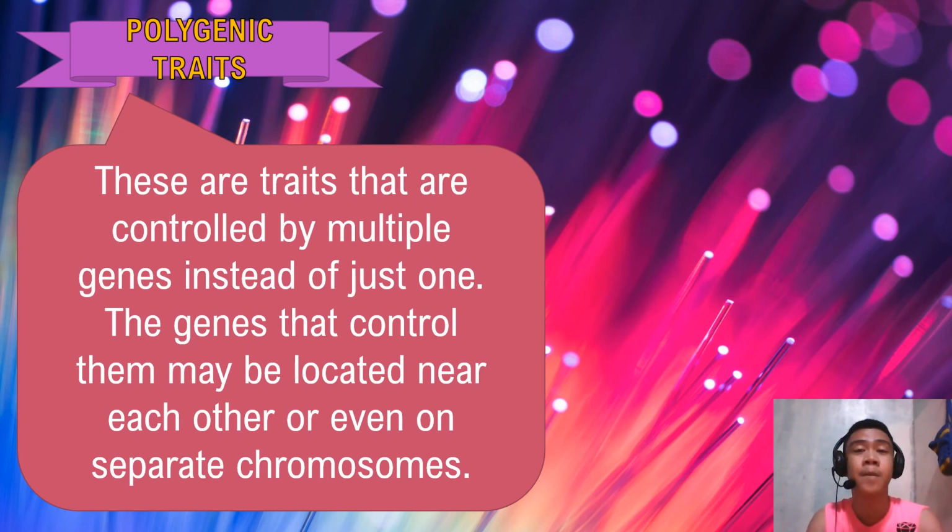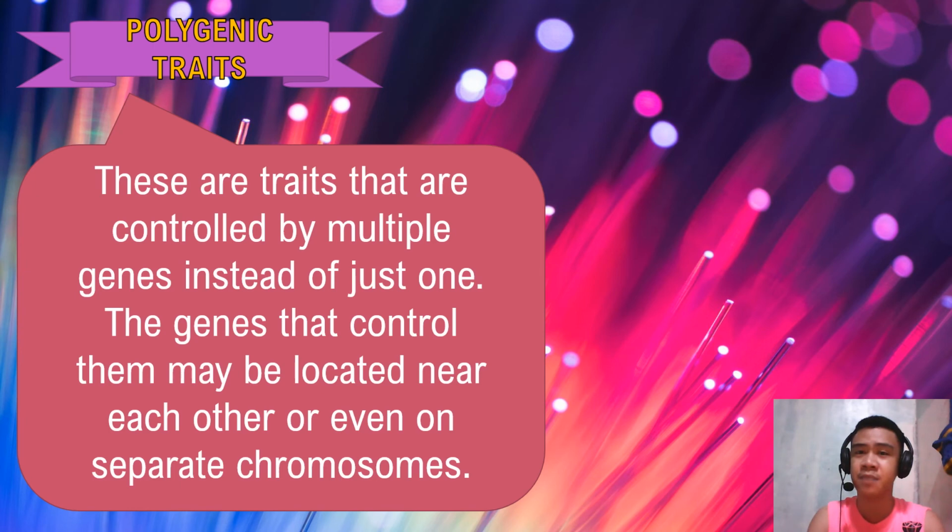The genes that control them may be located near each other or even on separate chromosomes. Because multiple genes are involved, polygenic traits do not follow Mendel's pattern of inheritance. Instead of being measured discretely, they are often represented as a range of continuous variation.